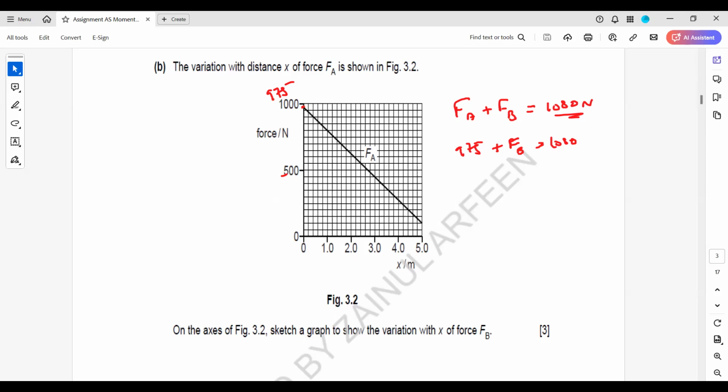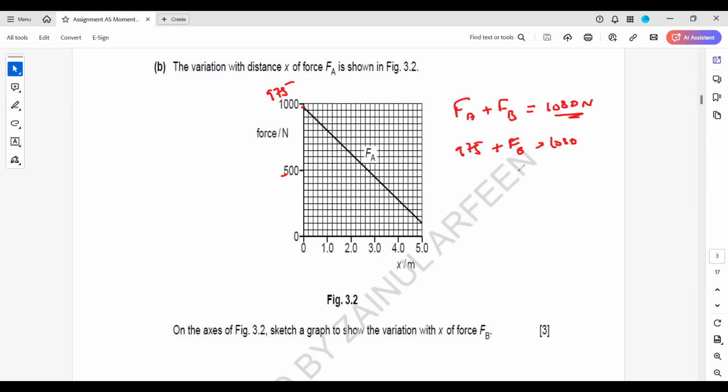So 1080 minus 975. That is one way of doing it. The value will be 105.